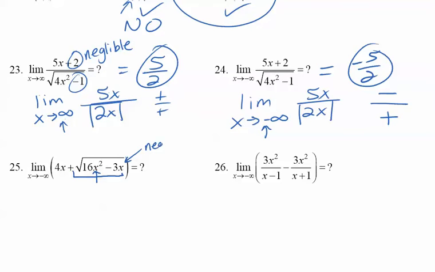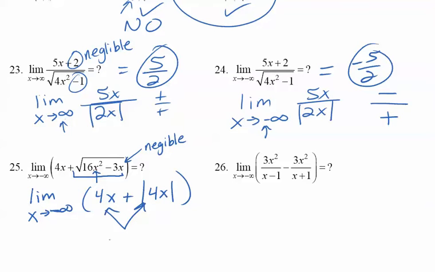So if we say that the squared term is much larger in size here, the battle of the terms here is going to look something like this. This square root is going to look like an absolute value. So as we go to negative infinity, these two terms are going to send us closer and closer to 0.